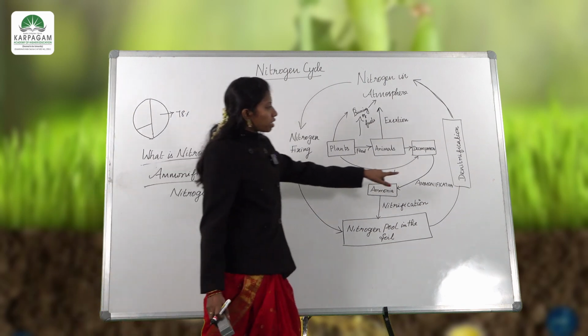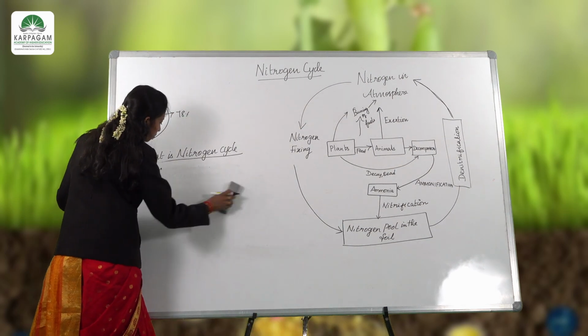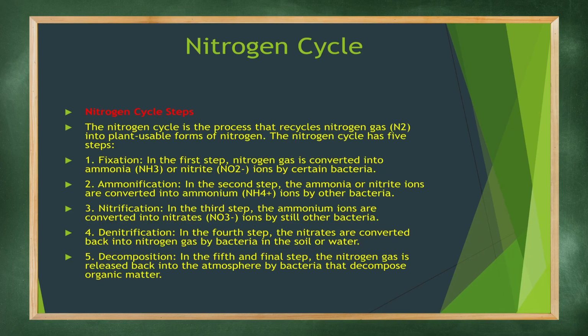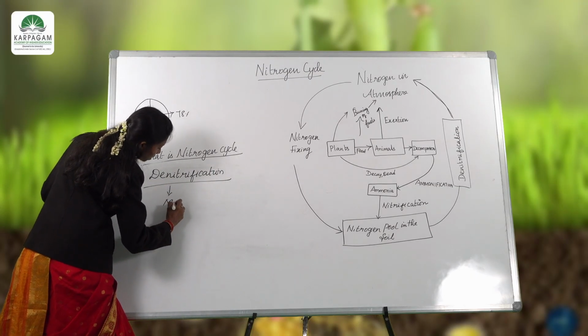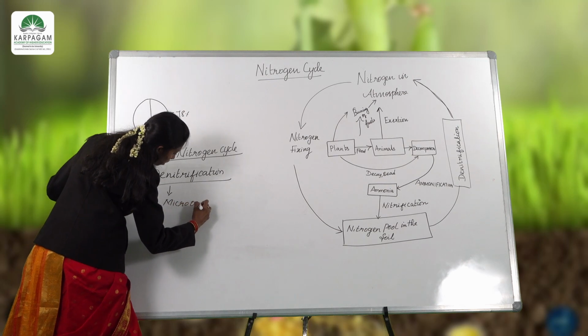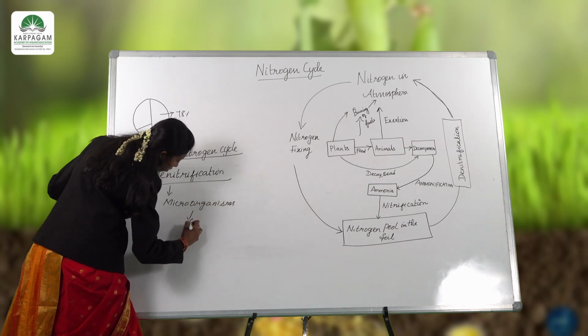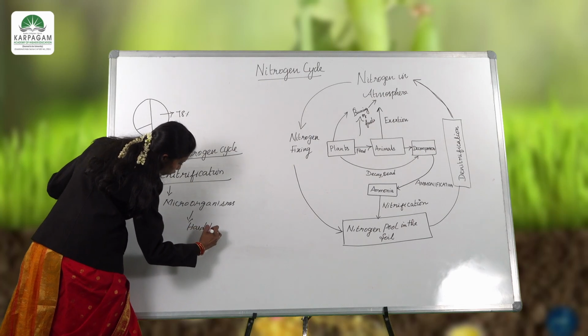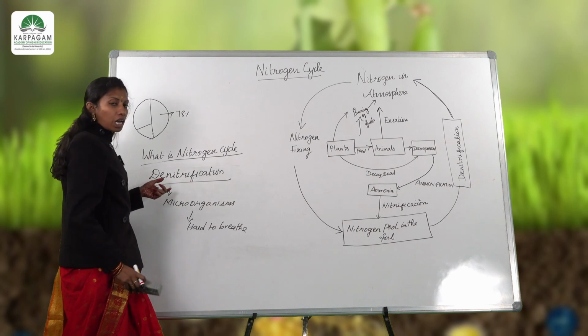And the last part is the denitrification part. In the denitrification part, the microorganisms present in the soil will feel hard to breathe. So this is what we need to remember. They will feel hard to breathe.